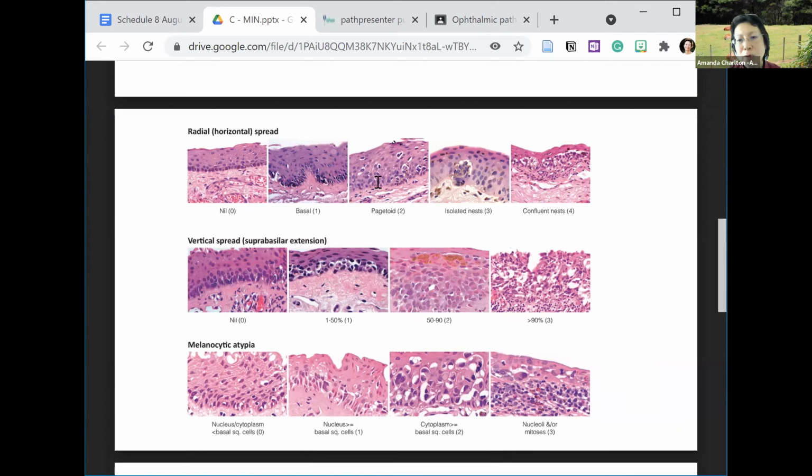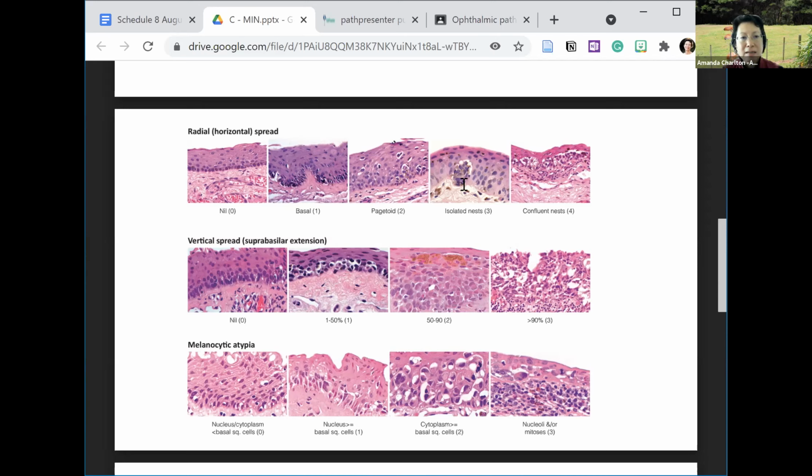We were asking about pagetoid before. Now, can you recognize this? Those cells with the retraction artifact around them, those are the melanocytes, and they are doing pagetoid spread up through the epithelium. Normally, they should live in the basal layer. They should not be migrating upwards. So that's an atypical feature.